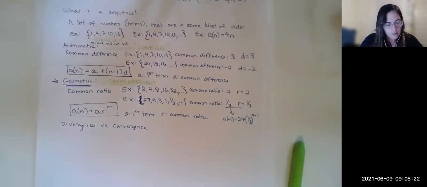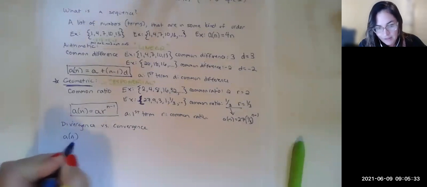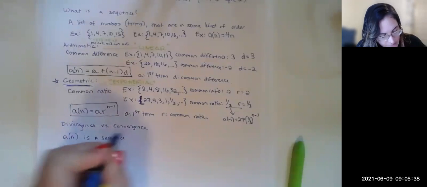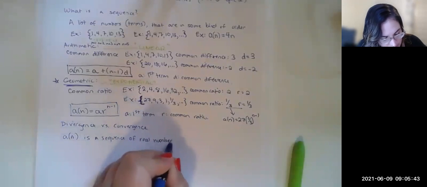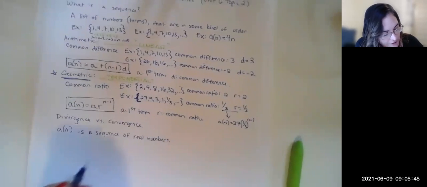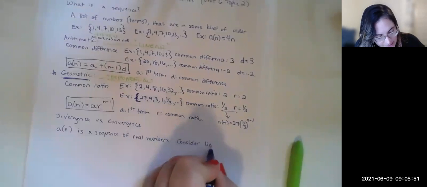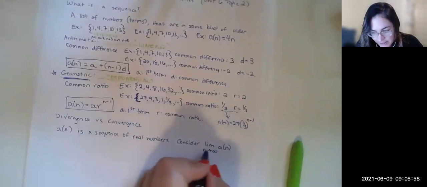So let's just say A of n, we talked about that, is a sequence of real numbers. Okay, we have to establish that first. We're using real numbers and we're using a sequence. So what we're going to do is consider the limit as n approaches infinity of a sub n. Okay, and this is going to make more sense when we do an example.